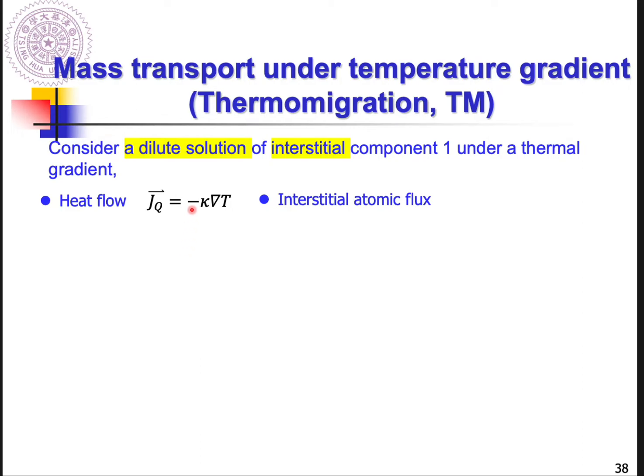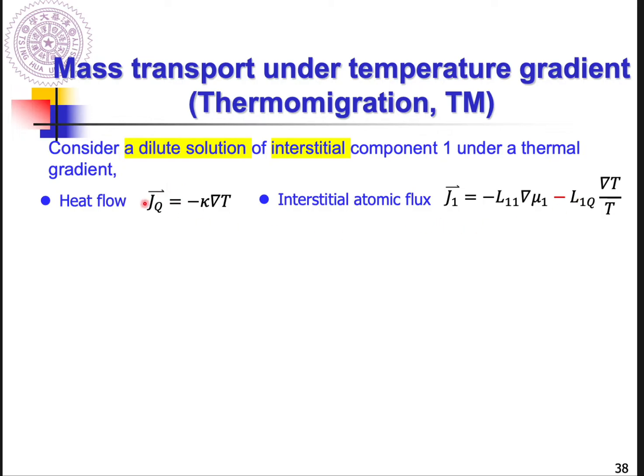But it finally leads to minus kappa times the temperature gradient, right? Because of Fourier's law. And if I want you to write down the interstitial atomic flux, the atomic flux will be directly driven by the minus chemical potential gradient times the direct coefficient. And the other driving force will be the minus temperature gradient over T times the coupling coefficient here, right?